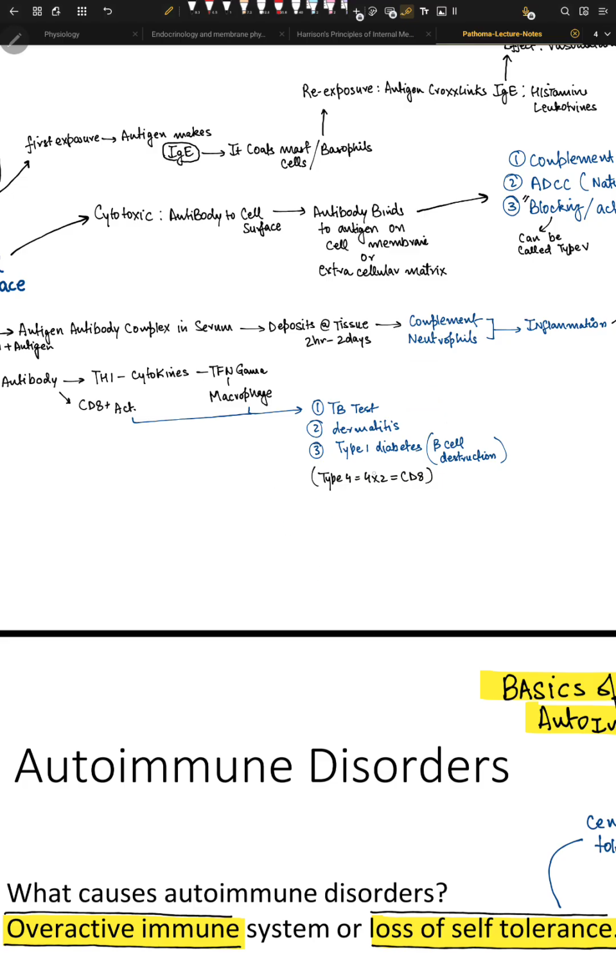In the islets we have 4 types of cells: alpha, beta, gamma or F cells, and delta. Beta cells make C-peptide, amylin, and insulin. So beta cell destruction happens because of this CD8 and Th1 activity.